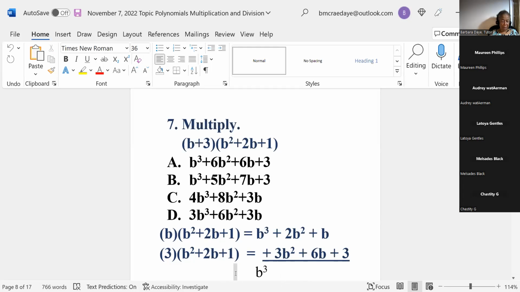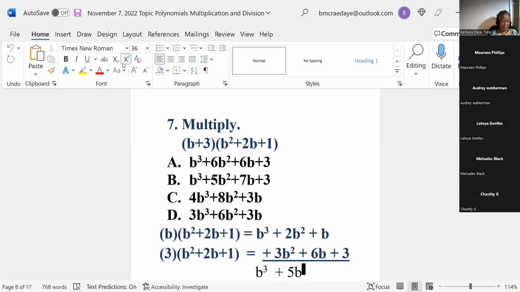Okay, now Mercedes, what's 2B to the 2nd plus 3B to the 2nd? That's 6B. 3 plus 2? Oh, 5. Don't switch the operations. This is addition. 5B to the second. There we go.